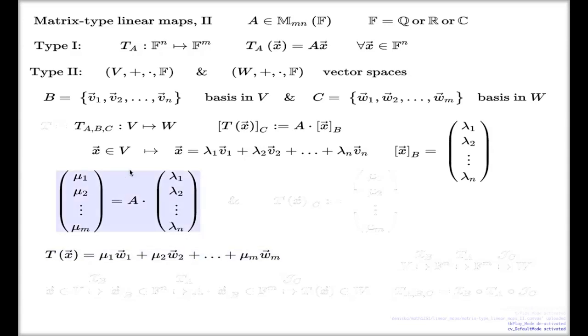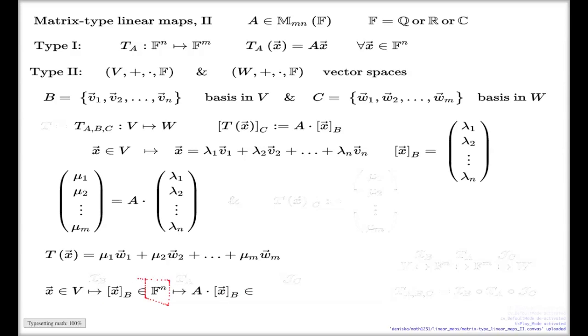Because these three stages I can actually write a little bit shorter like this. My x vector from V is taken to the coordinates of this x vector with respect to the basis B, and that's the n tuple with these scalars. Then this n tuple is multiplied by the A matrix, that's the second stage. That will be the m tuple, you see.